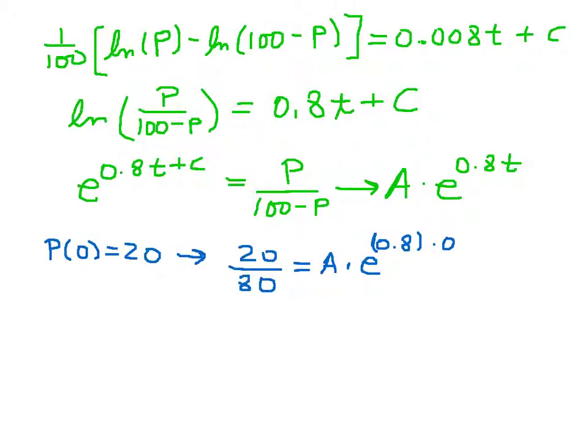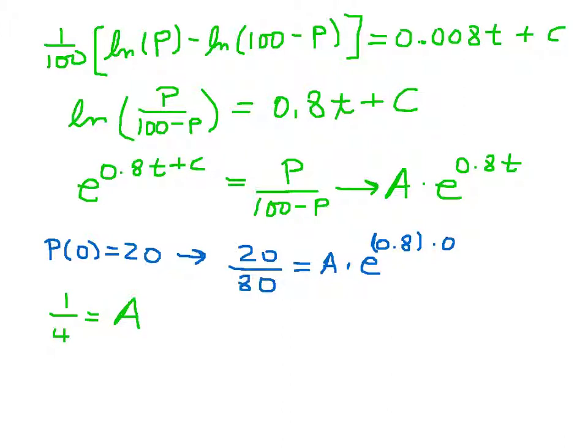So, making our substitution here, or our condition that p of 0 is 20, remember that? We just make that substitution. We get this, and what that means then is that 1/4 is equal to a.